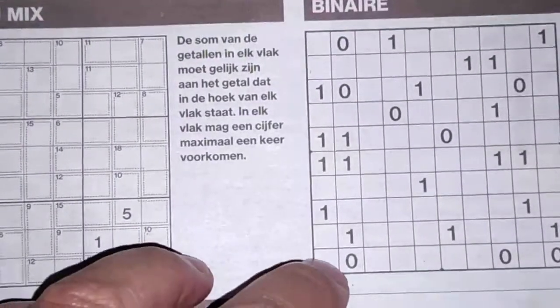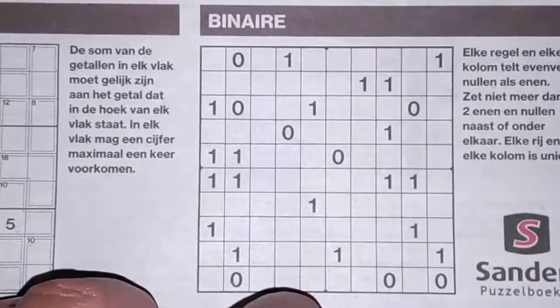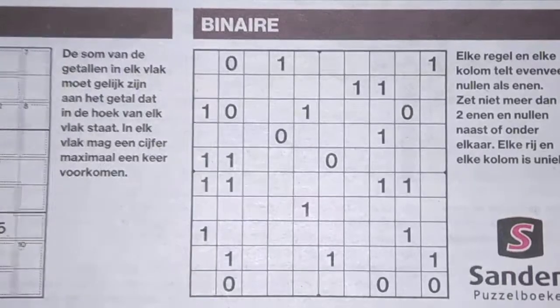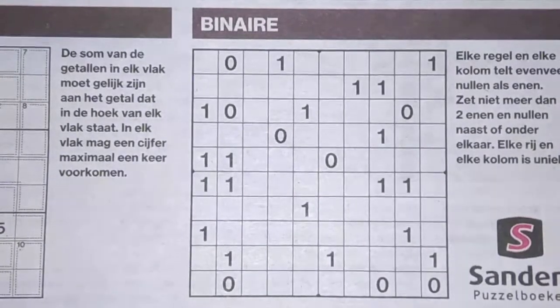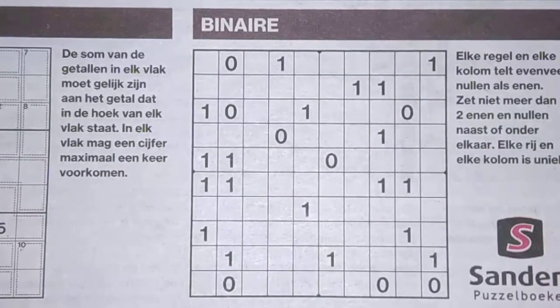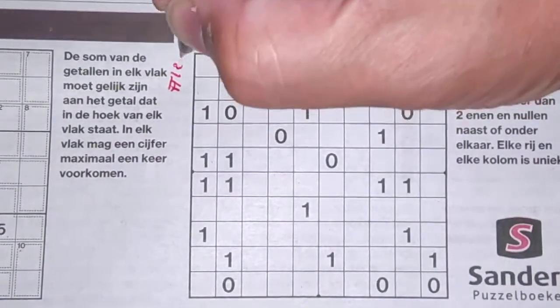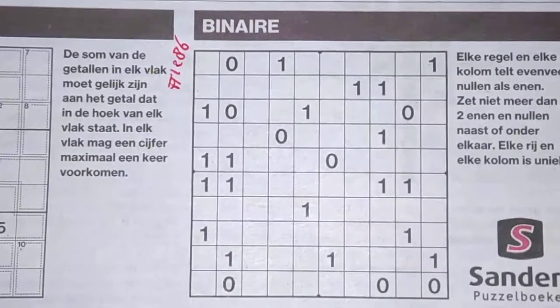But first, we will start with this one, a binary Sudoku, and this one will be number 1286.